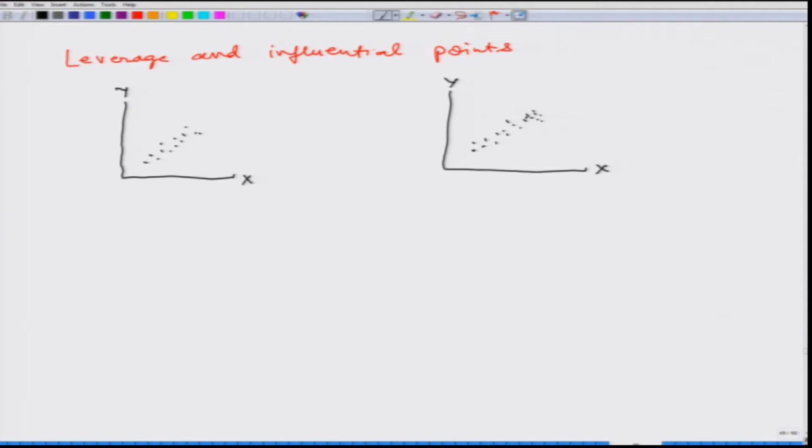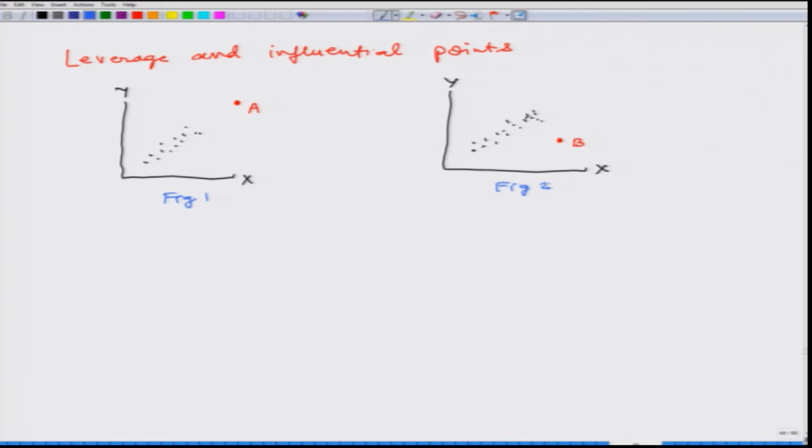Now, we are going to consider two different points. One point is lying somewhere here, let us denote it as point A, and there is another point lying somewhere here, let us denote it by point B. Suppose this is figure number 1 and this is figure number 2.